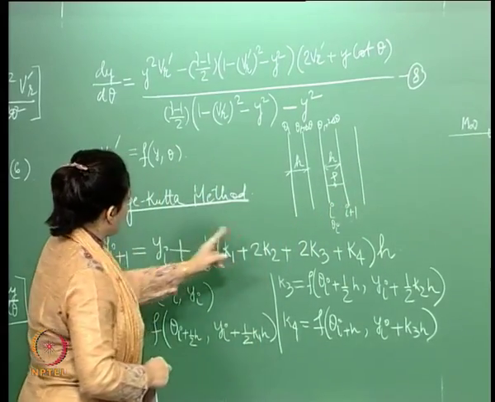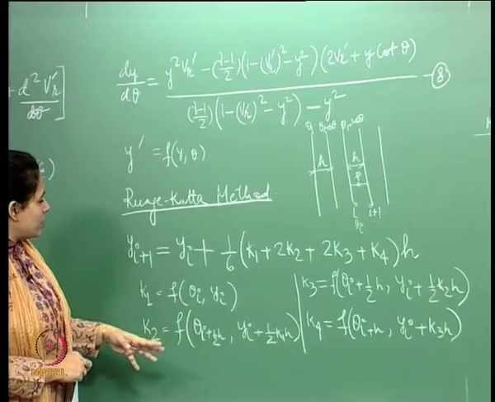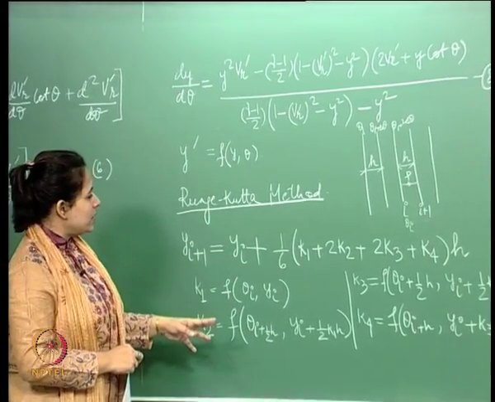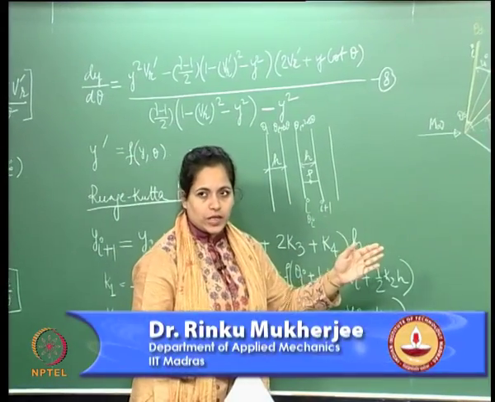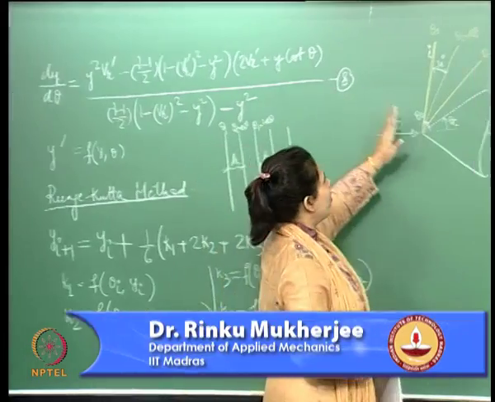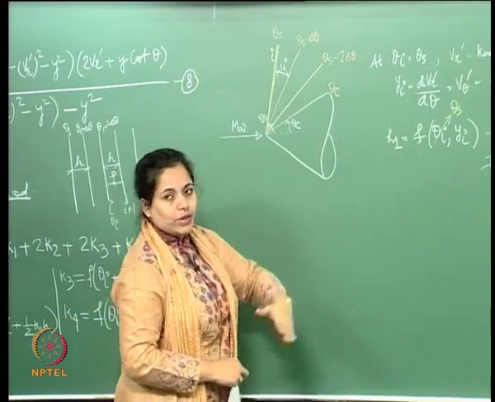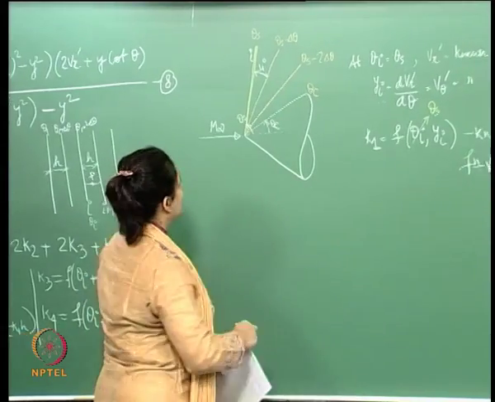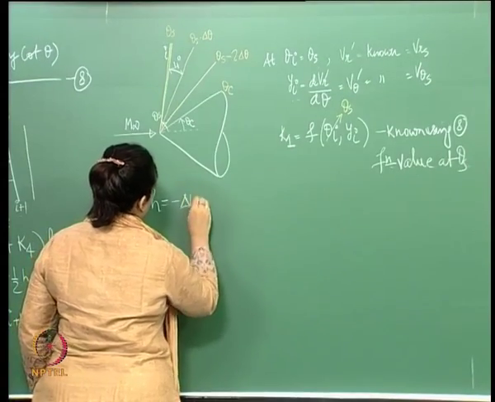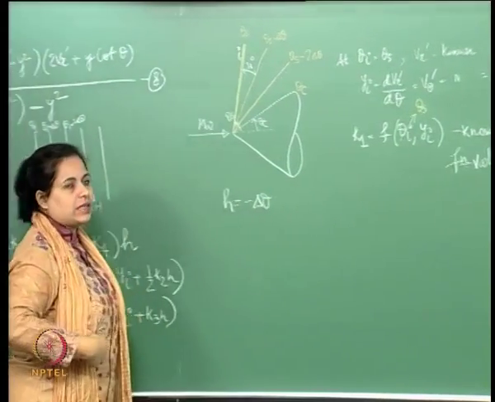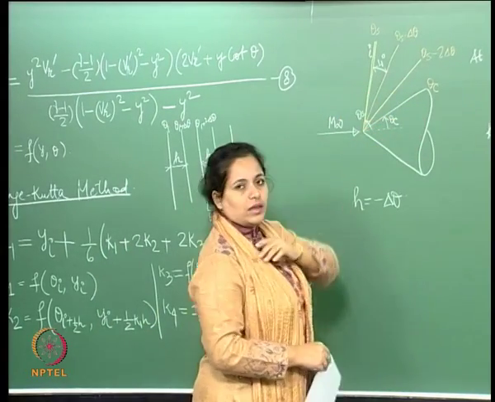When we write this formula, theta i plus 1 is ahead of i, right. In here, however, we are going behind it, we are going back. So the only thing is the h here we will write as minus delta theta, right. We are moving back from here to here.